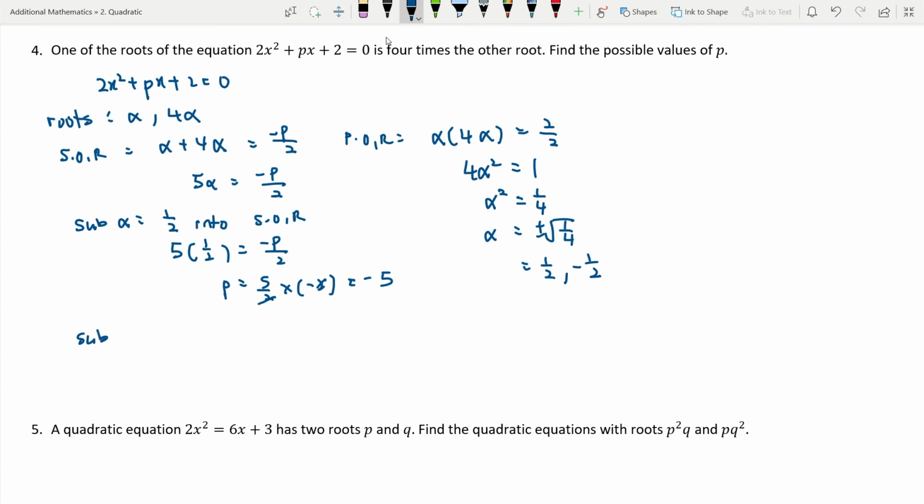We substitute alpha equal to negative half into the sum of roots. 5 multiplied with negative half is equal to negative p over 2. P is equal to negative 5 over 2 times negative 2, and is equal to 5. For this question, we are not told any other condition. So p is equal to negative 5 and 5.